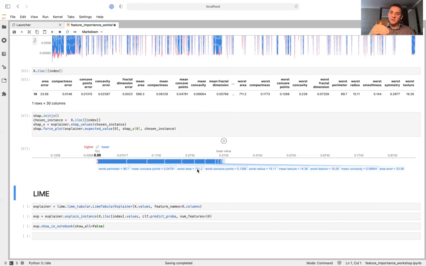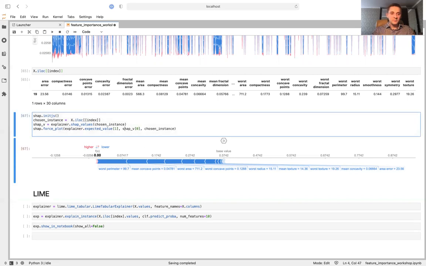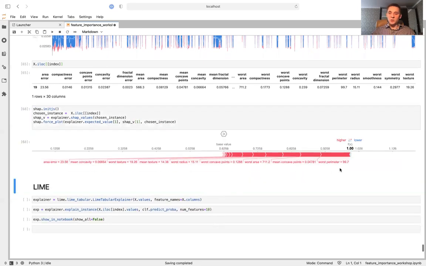So these features were voting for 1 massively, and of course they decrease the probability of 0 massively because they vote for 1. As you can see here, worst perimeter and mean concave points. And for 1, we have worst perimeter and mean concave points.